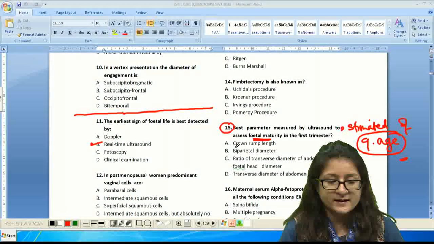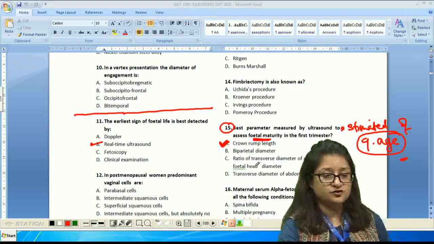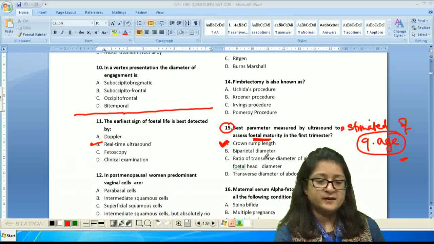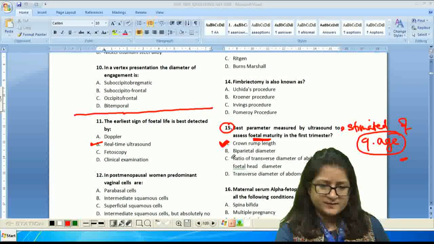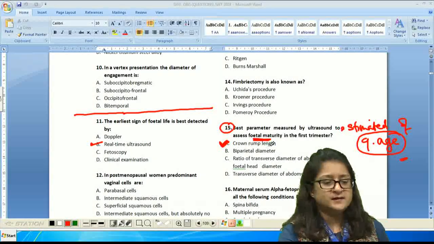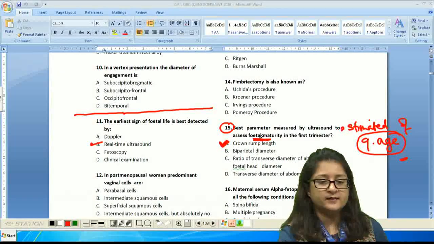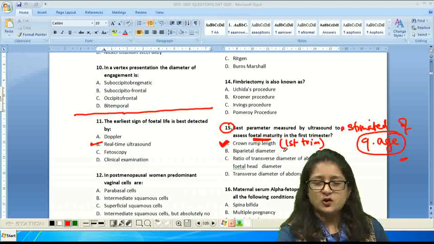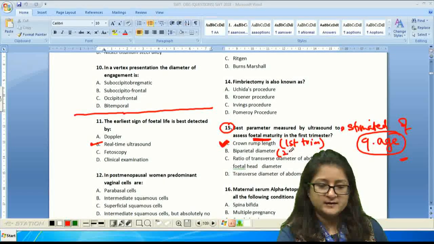In this case, the answer is crown rump length, which we see in the first trimester, not the BPD, which is done in the second trimester, right?